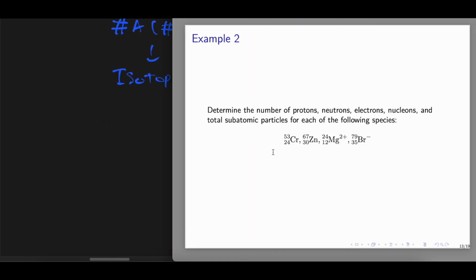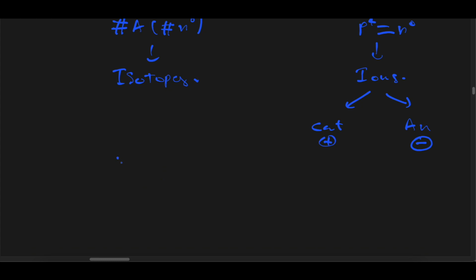Let's do this example. Here we have different species. We are asked to determine the number of protons, neutrons, electrons, nucleons, and the total subatomic particles for each of the following species. So we have to draw a table.